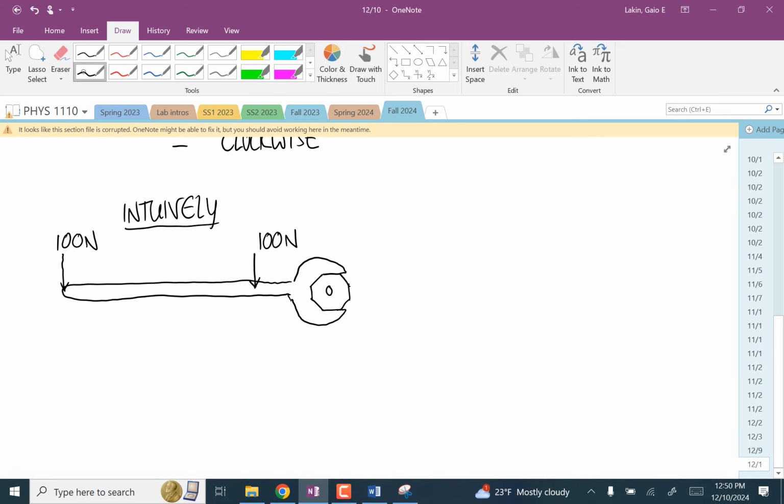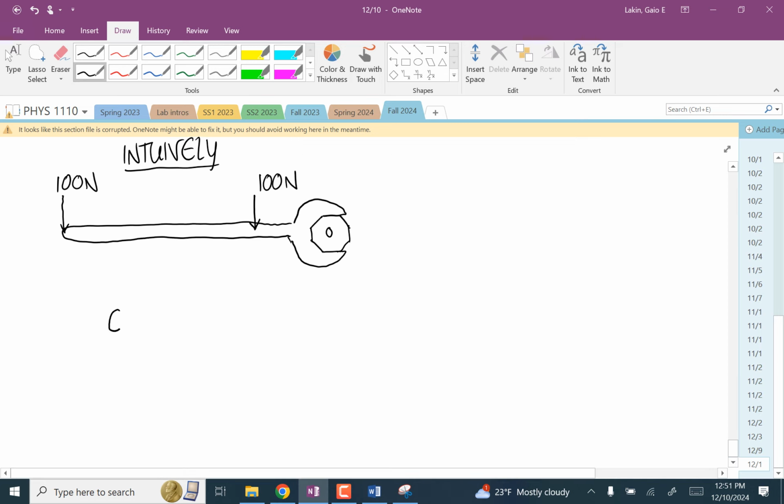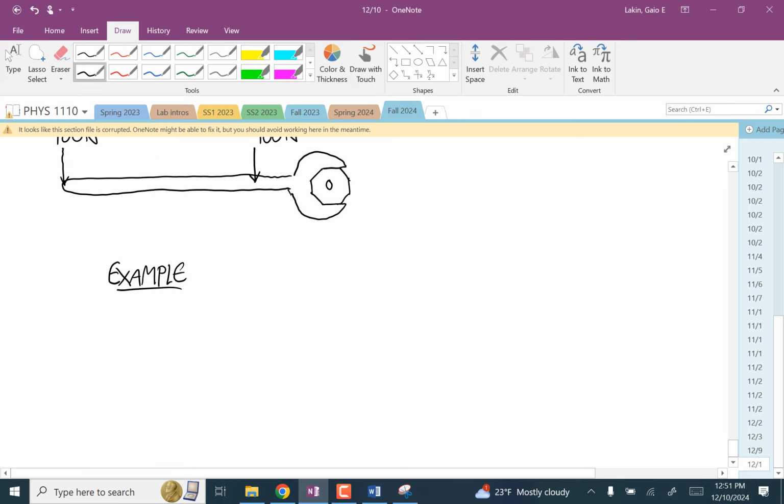Okay, let me do a quick example. Let's say we have this rectangle, and let's say the hinge is here. And let's say a force is applied here of 30 newtons.